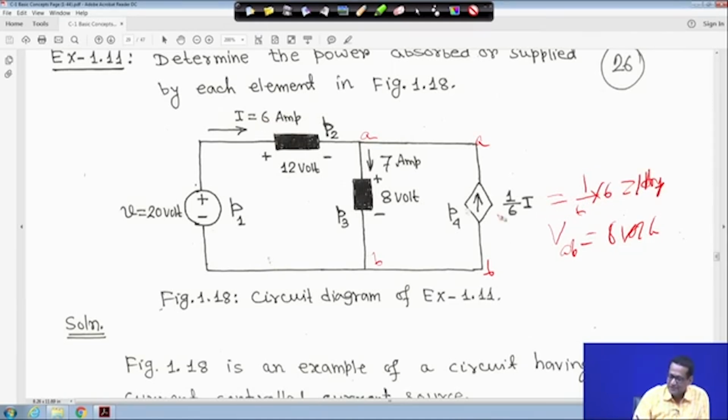And I told you the direction is upward. So current is flowing through this, and this is plus, this is minus, right. Therefore, the current is leaving the plus terminal. So it is power supplied by the source, and it will be minus 8 into 1, that is minus 8 watt, right. So this is the concept.